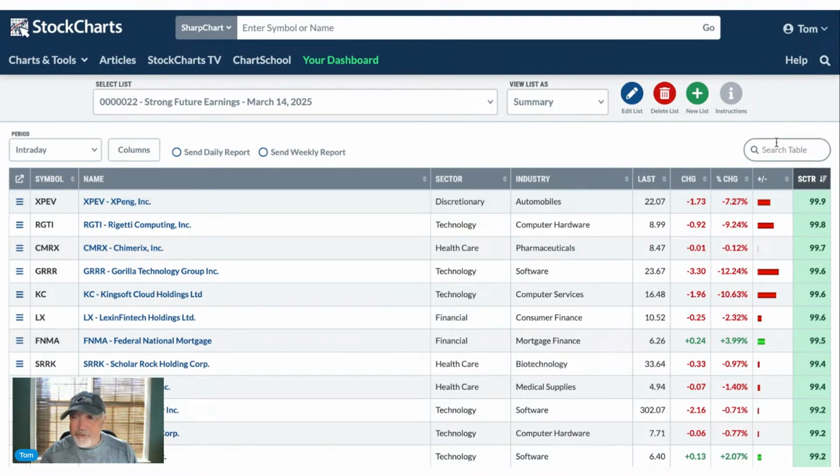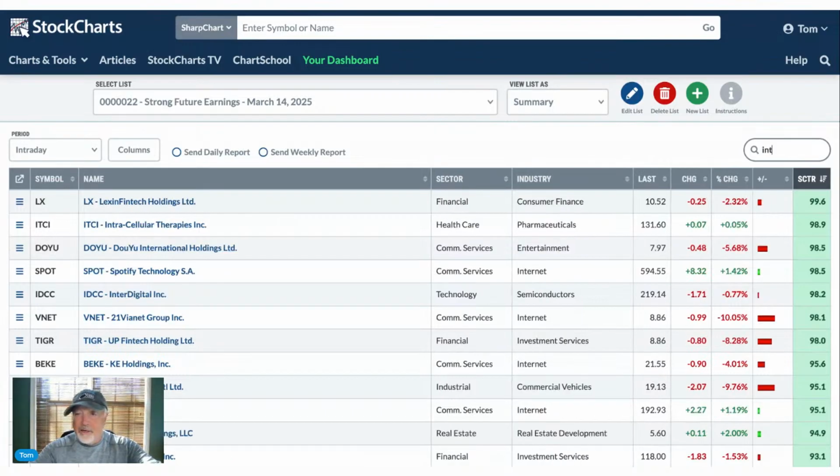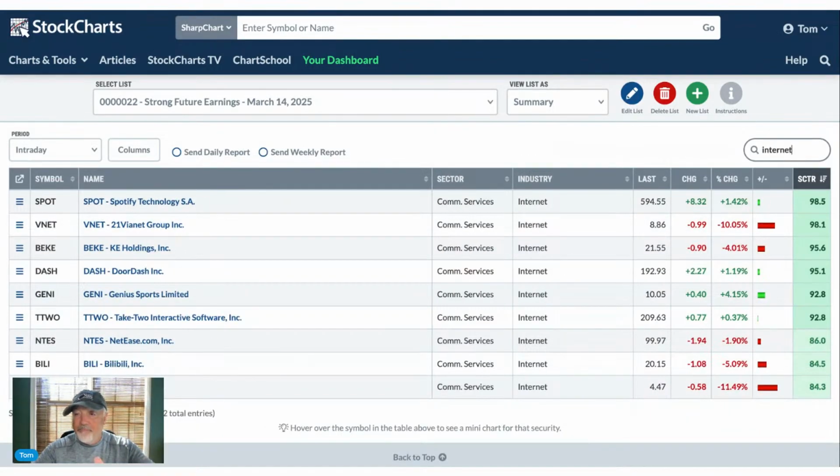Then what I can do is come into this. If an industry group is doing well or doing something where you want to get involved, but you can't buy that particular industry group index, how do you find stocks within that industry group? This is how. You go in here and type in internet.